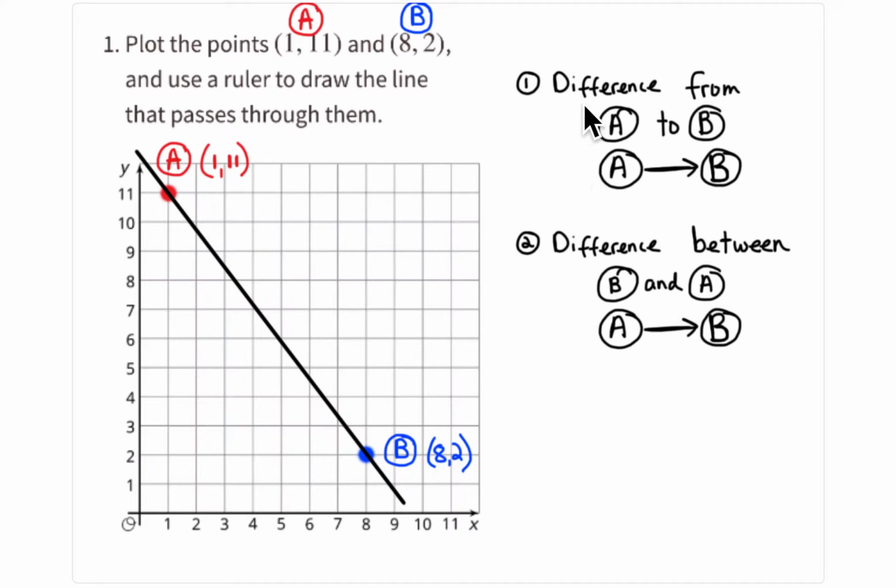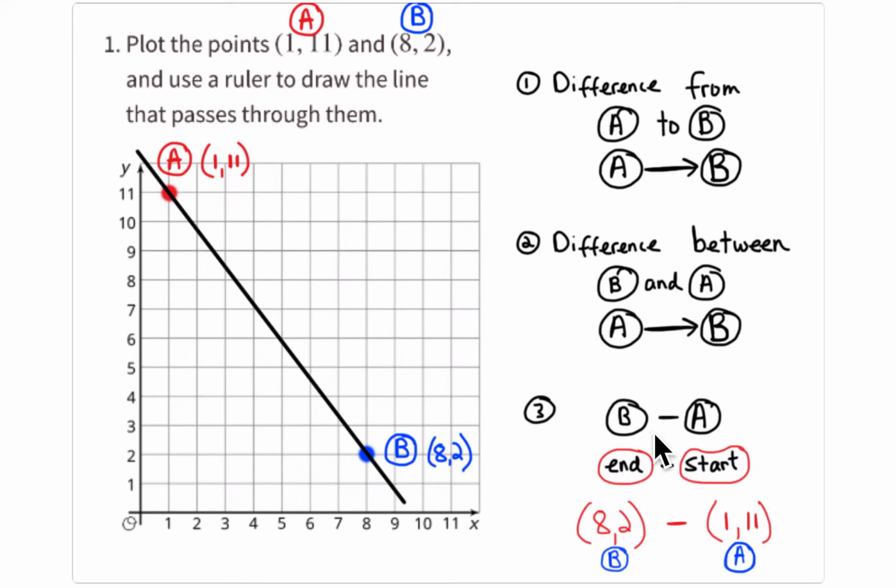If you talk about the difference from A to B, that means you're moving from A to B. If you talk about the difference between B and A, that also means you're moving from A to B. So when you use the word between, where you end up, you say that first. Where you start, you say that second. So what's the difference between B and A? That's moving from A to B. So these are both the same.